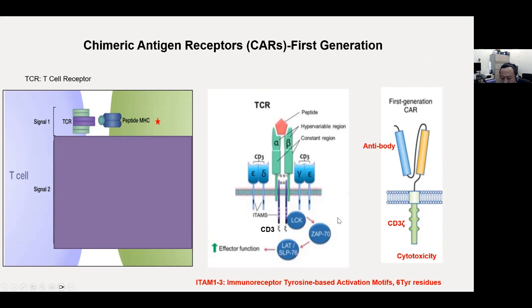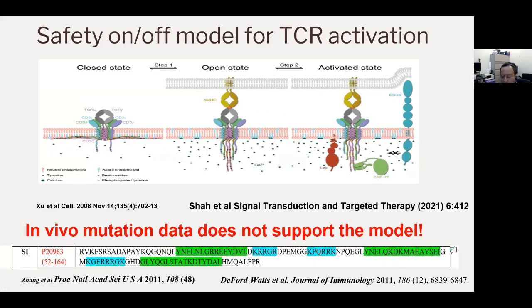And people started to suggest how that part is activated, because that's the central part. People found that in this CD3 zeta portion, it has tyrosines, 6 of them, and it also has some polybasic residues, lysine and arginine, which carry positive charge.